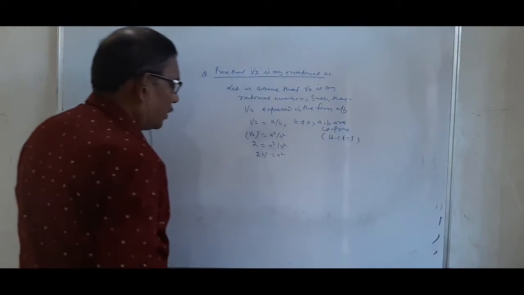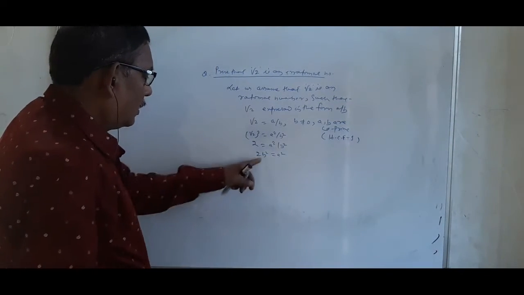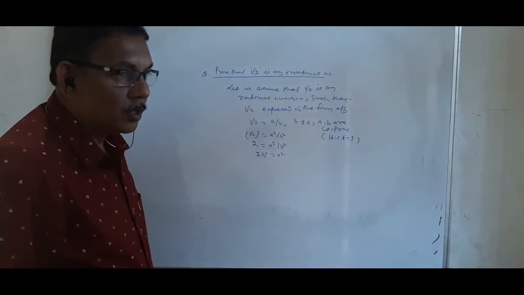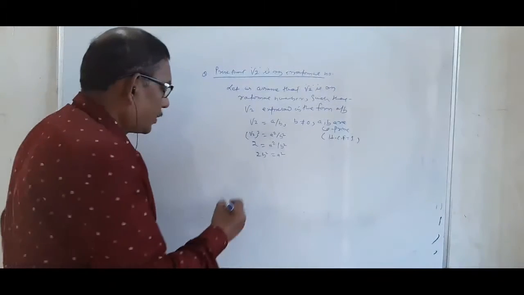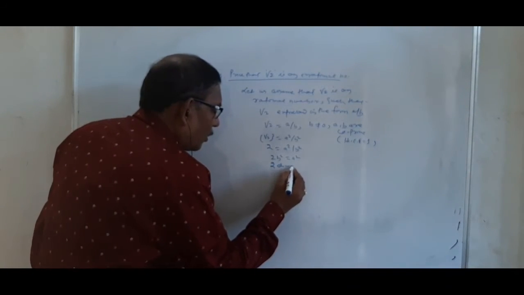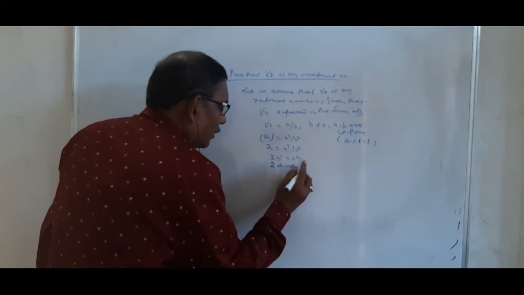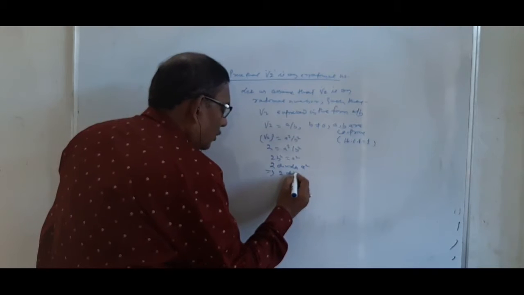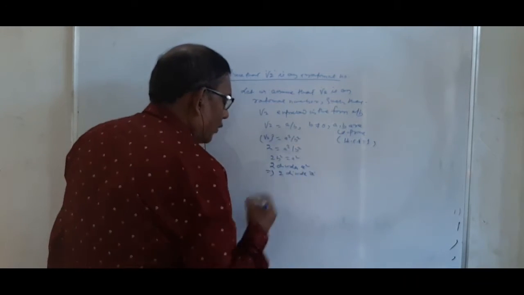Okay. Here 2 is a common factor of a square, so 2 divides a square, and 2 also divides a.